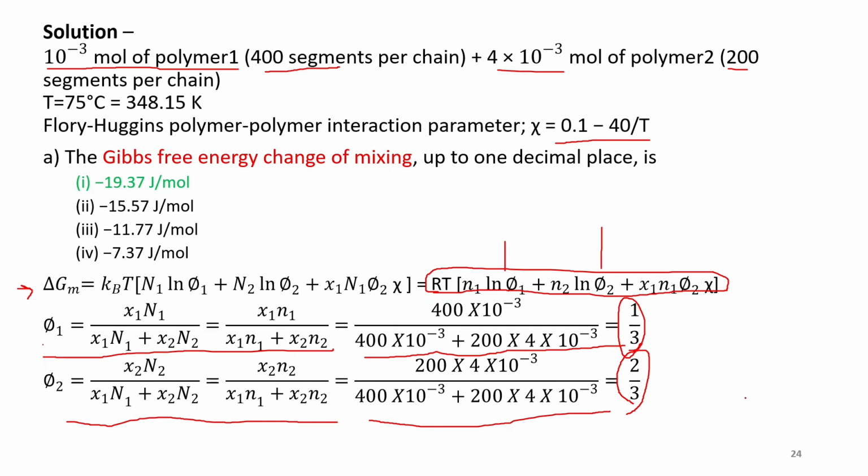When we calculate, we get 2 by 3, so we get the same value. So the volume fractions of polymers 1 and 2 are calculated with this formula.